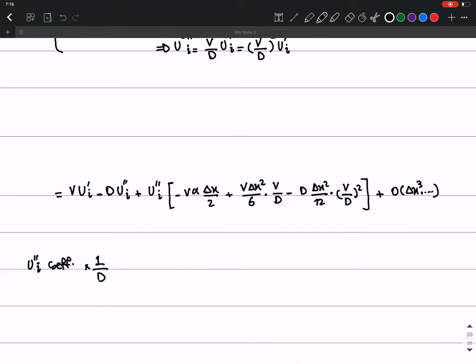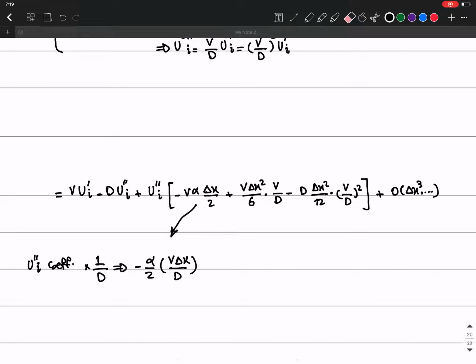From this, the first term is going to be minus alpha over 2 v delta x over d.